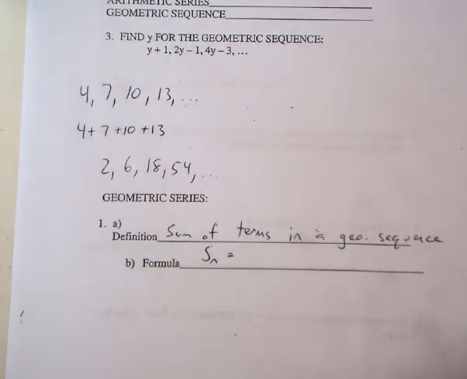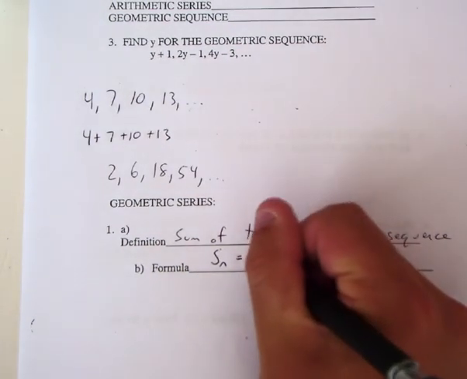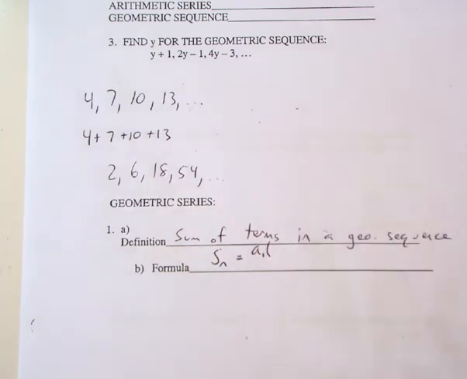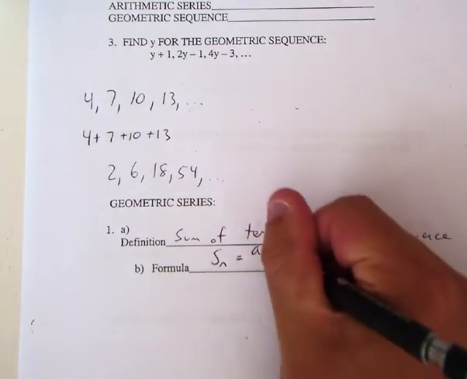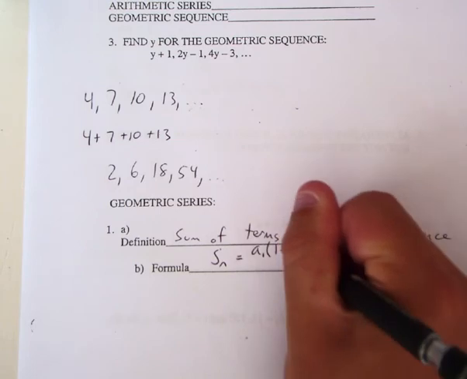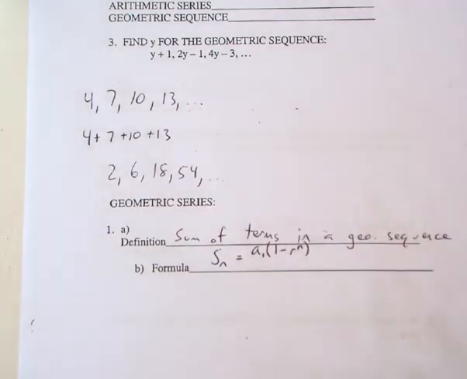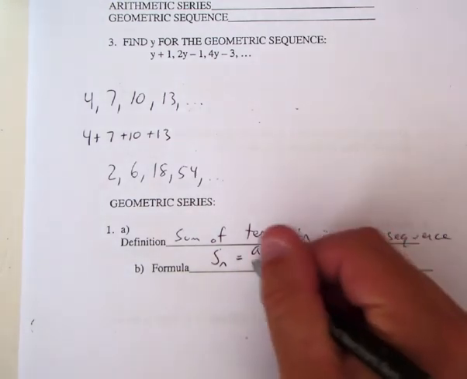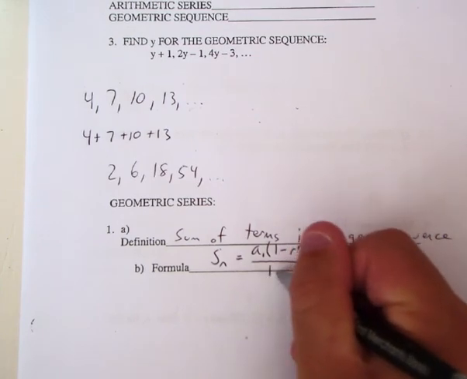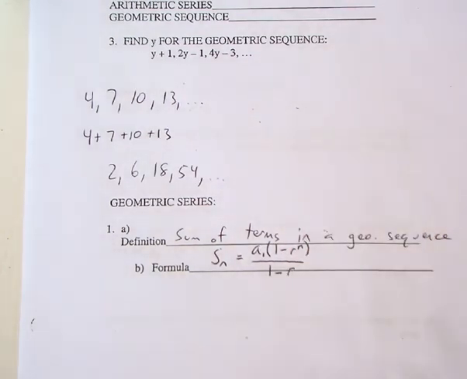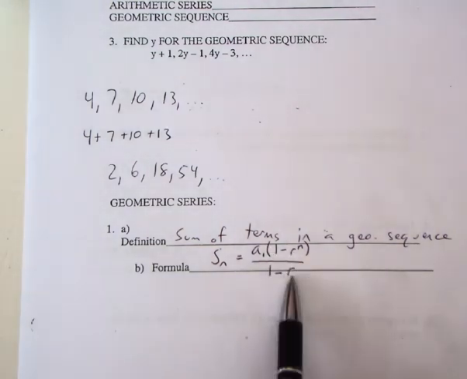The sum of n terms is the first term times 1 minus r to the n power, r being the common ratio that you're multiplying by each time, n being the number of terms, divided by 1 minus r. So that's our formula right there. Nothing cancels. We can't cancel the 1 minus r's here because of this exponent. So this is the formula.